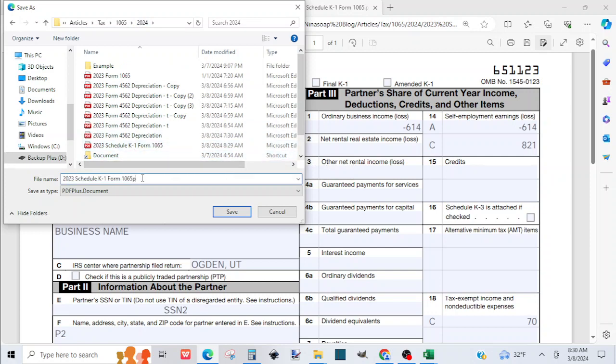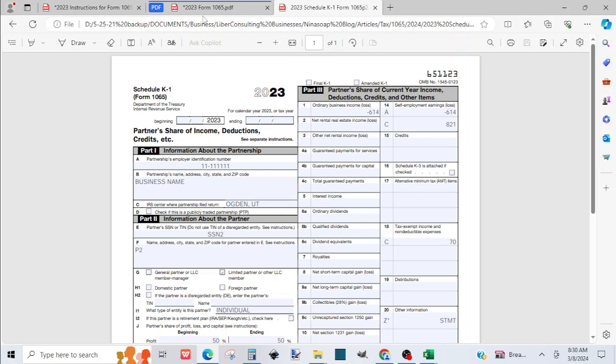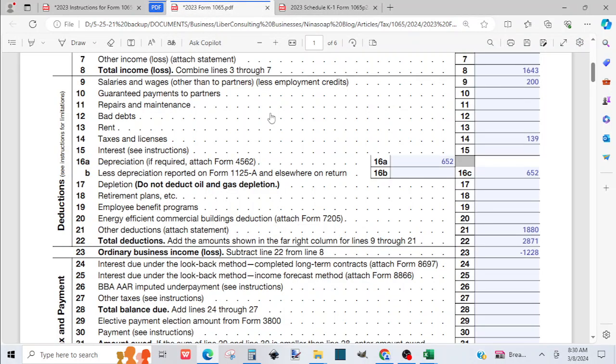As partner 2. Why not? Now we have both. So when you take both, you total each line, and it should match the corresponding line on Schedule K 1065.